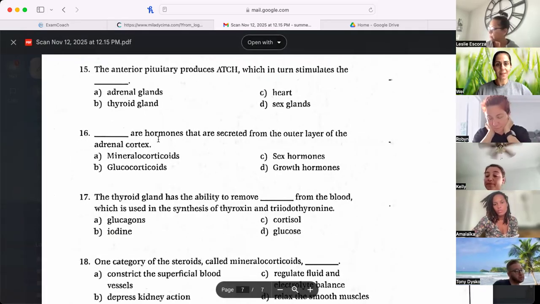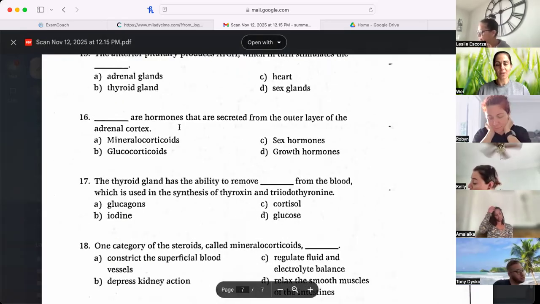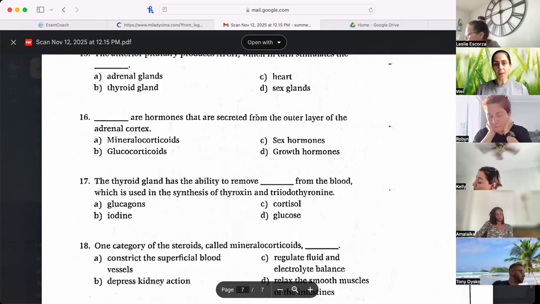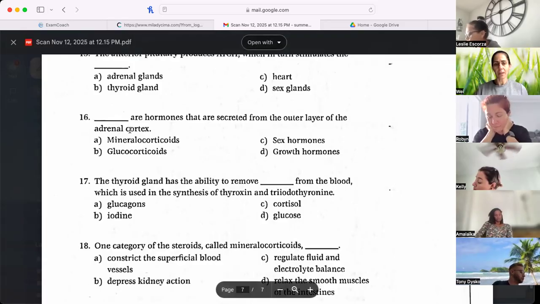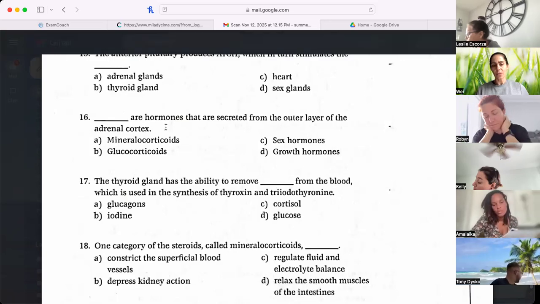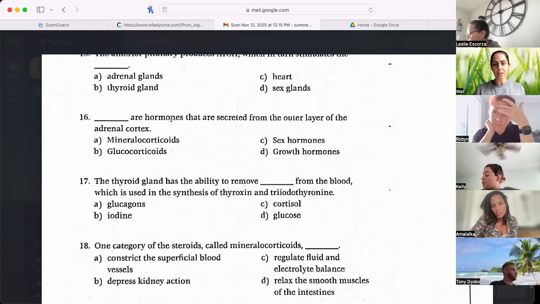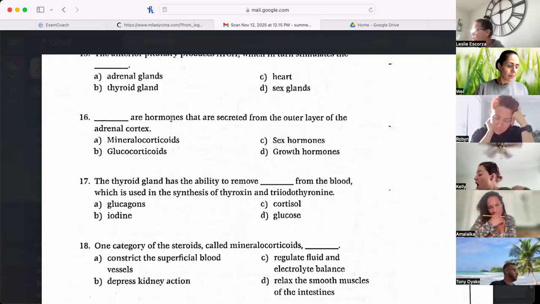Yes, correct. The name of it starts with adrenal. 16, let's go, Leslie. What are these hormones that are secreted from the outer layer of the adrenal cortex? The adrenal cortex is the outer portion of the gland on top of the kidneys. Is it growth hormones? No, sex hormones.